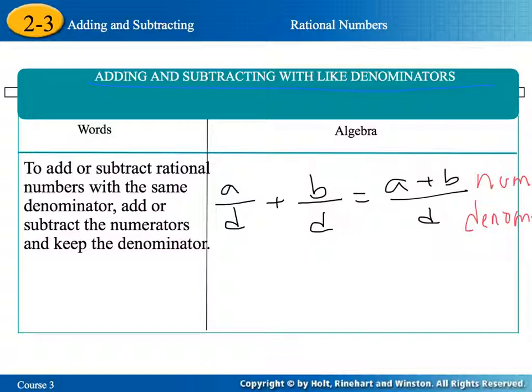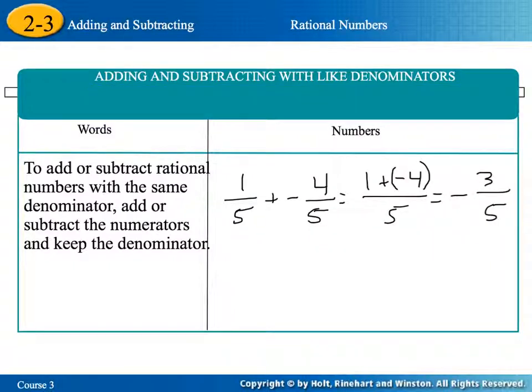Okay, so if you look at this, you add your numerators or subtract your numerators, you keep the same denominator. I will say that one more time. You add or subtract your numerators going straight across, you keep the same denominator. If you look at here, we have 1/5 plus a negative 4/5. You add 1 plus a negative 4, so when you do that, you actually get a negative 3.